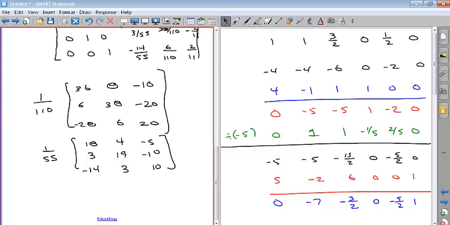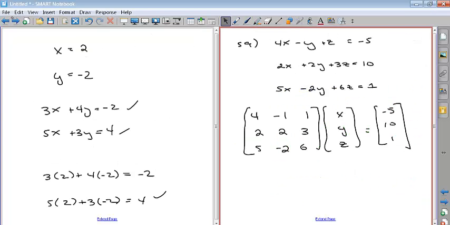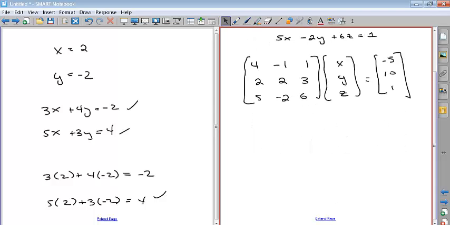Now, what we need to do is take that and multiply by that. So let's just keep it on this page. So the inverse was 1 over 55 times, see what the numbers were. Okay, something's wrong here.